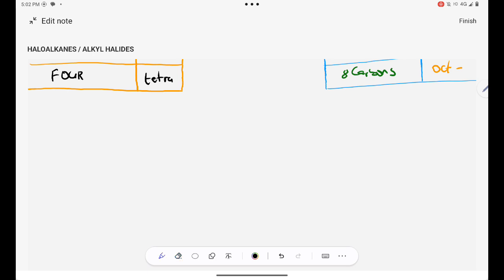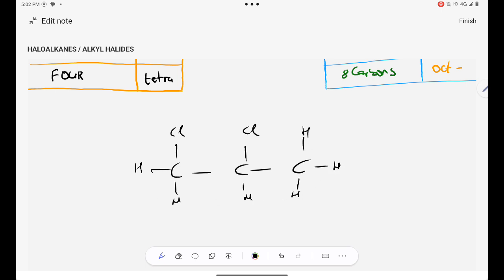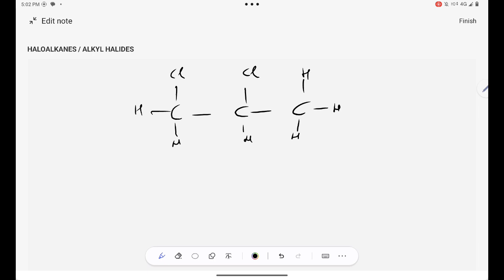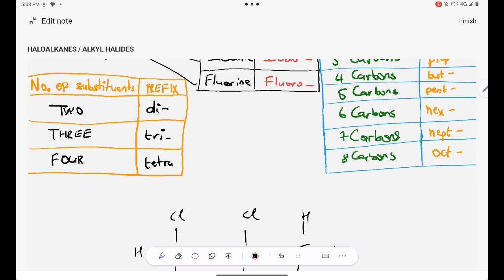Sometimes it happens that we have two of the same thing. We have chloro over here and chloro over there. Since we have two of the halogens added on our propane, our prefix for the substituent will say di.